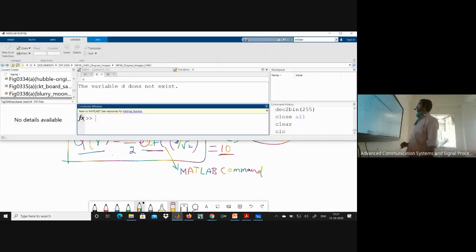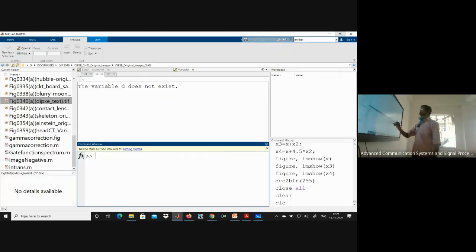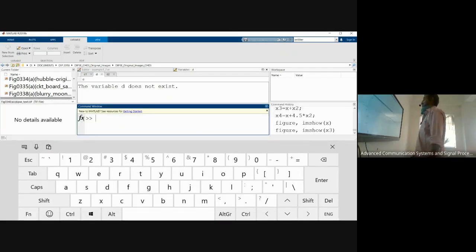So I'll try to do it over here. I would like to calculate the value of gamma for which the probability of false alarm is 10 to the power of minus 3.